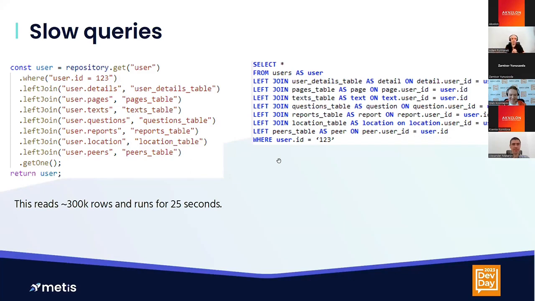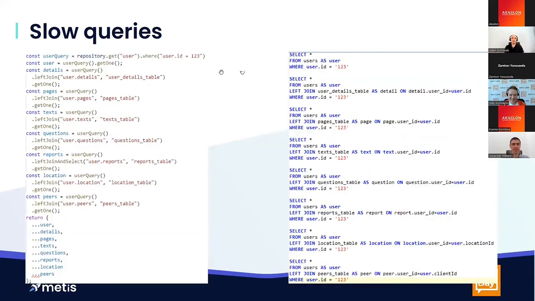How can we fix that? In this case, the solution was to split this aggregate root into multiple different queries. So we get all the components of this aggregate root independently, effectively running multiple independent select statements to our database, and then combining all of that in the application code.